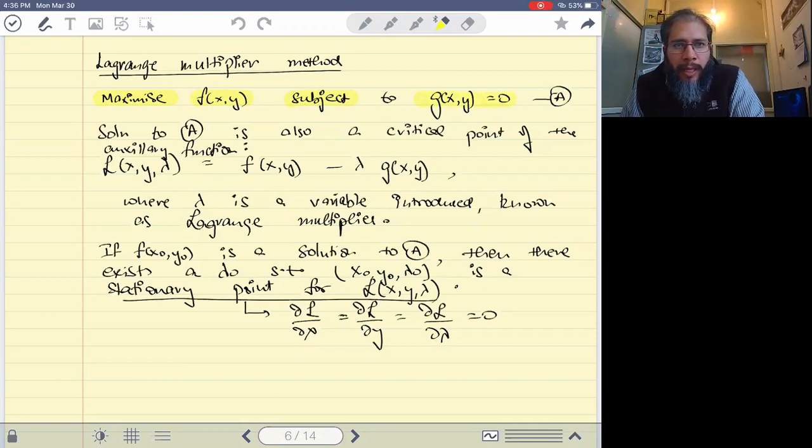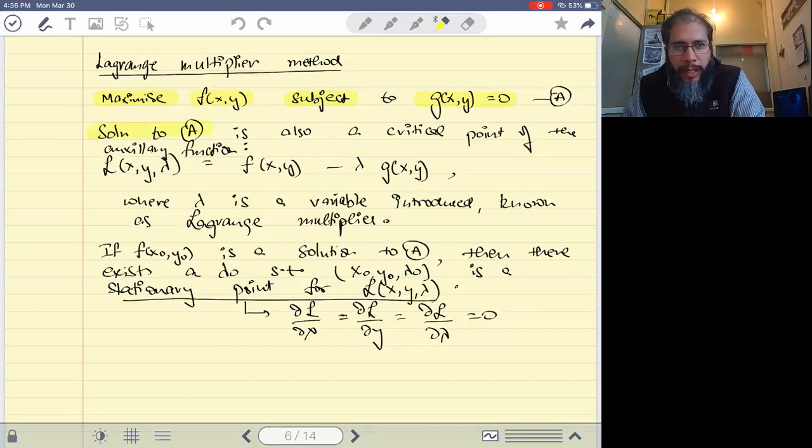So you want to maximize a function f, which is a function of two variables, or it could be n number of variables. For this discussion, we use two variables.